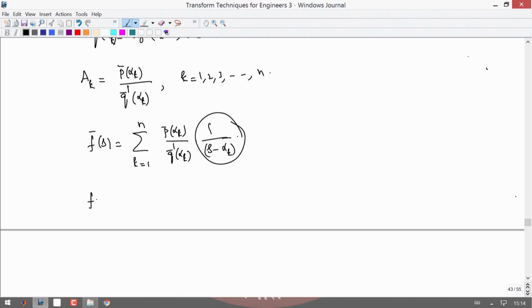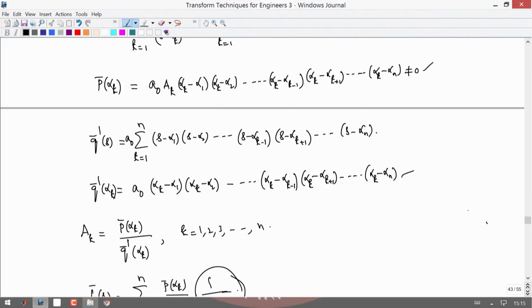So, you have f of t, that is the Laplace inversion of f bar of s, which is a function of t, equal to this sum, k from 1 to n, p bar of alpha k by q bar dash of alpha k times e power alpha k t, since 1 over s minus alpha k has Laplace inversion e power alpha k t. So, this is how you get this Heaviside expansion.